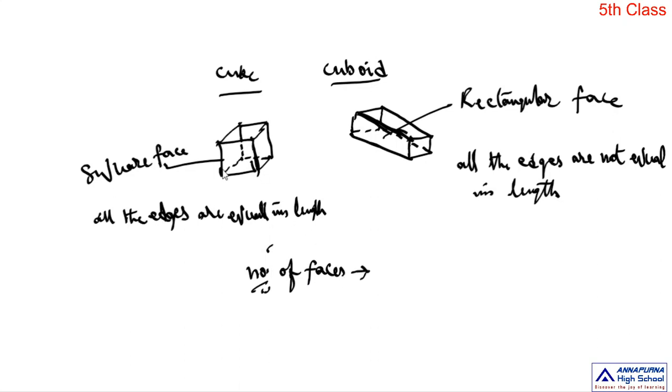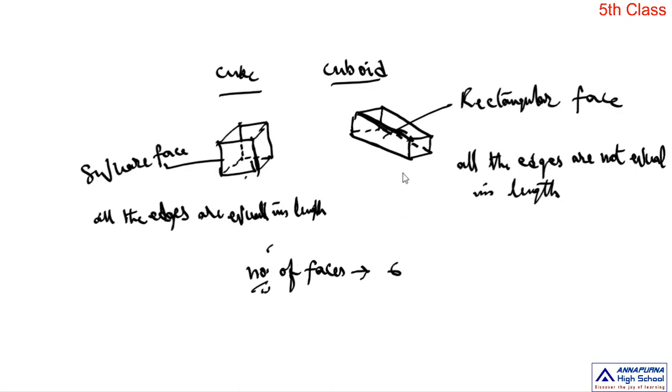This is one face. 1, 2, 3, 4, 5, 6. We can observe 3 faces, 1, 2, 3. What about the other 3? The other 3 are hidden faces. Therefore, this cube has 6 faces.